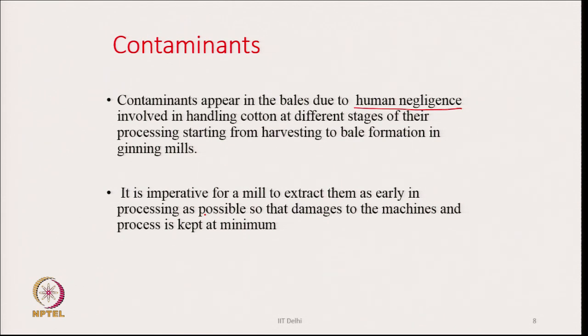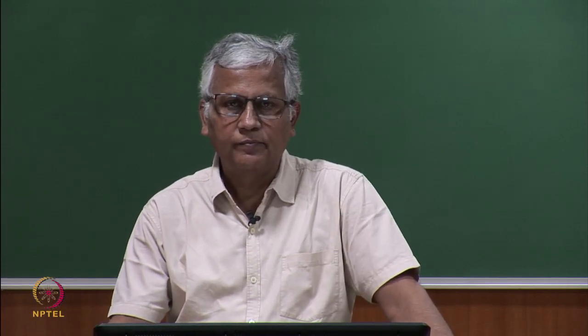So, we do not allow them to go further, and we want these contaminants to be removed as early in the process as possible, because if they move further they become more and more difficult to remove.